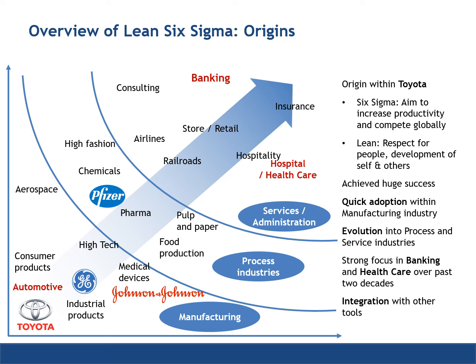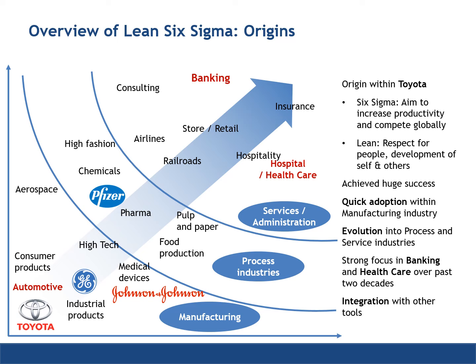One of their key shifts was a cultural shift, where they emphasized respecting the people and the development of Lean Six Sigma throughout the different functions of their organization, so that you have that continuous improvement mindset.